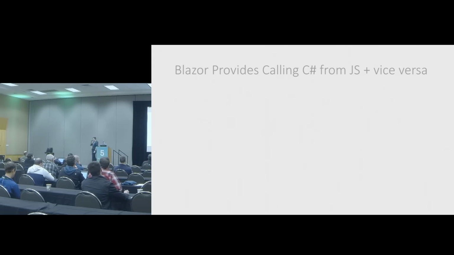Another capability of Blazor is you can call C# from JavaScript and call JavaScript from C#, which calling JavaScript from C# is probably the more interesting scenario because, like I said, you can't do everything in WebAssembly you can do in JavaScript.